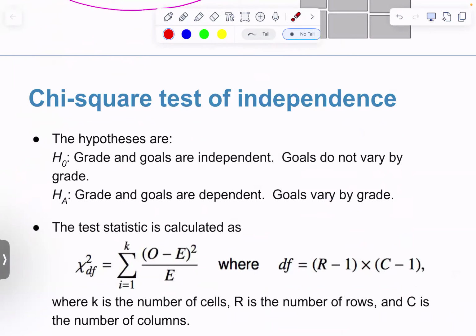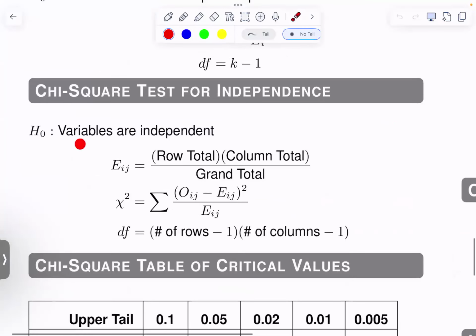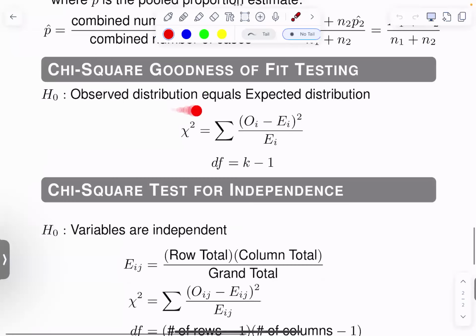Our hypotheses: our null hypothesis is that grade and goals are independent. On our formula sheet, we have a generic statement that the variables are independent, but just like the other chi-squared, I need you to reformulate that as something question specific. Grades and goals are independent, telling me that you understand what the variables are.